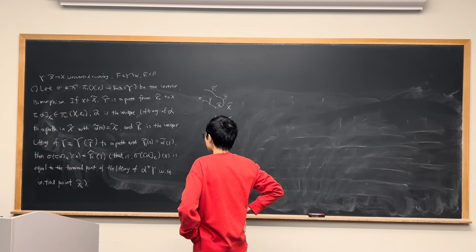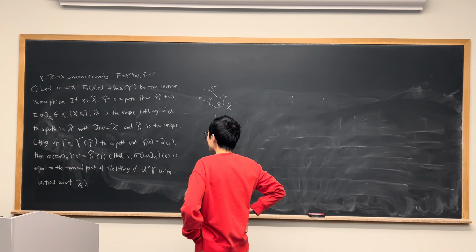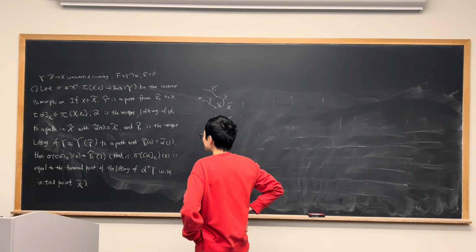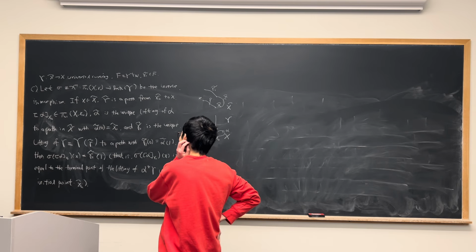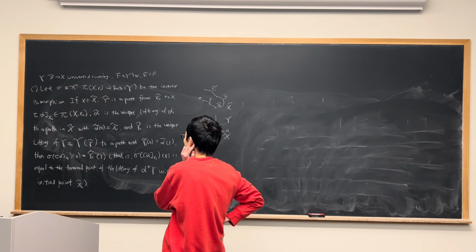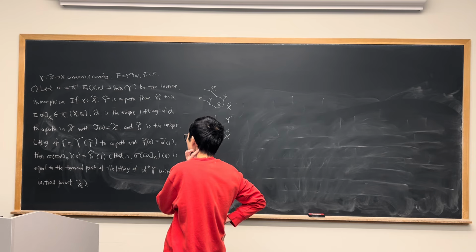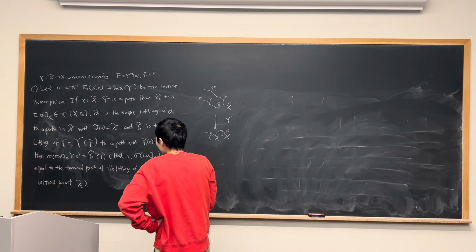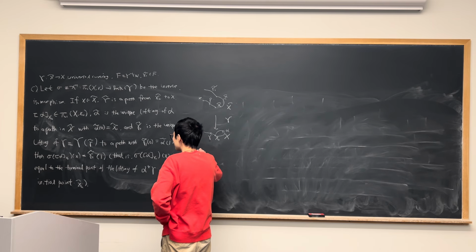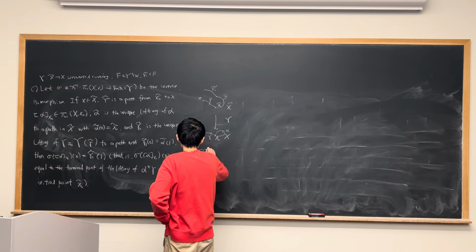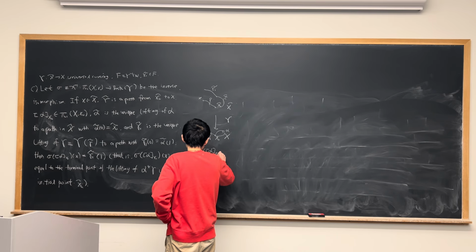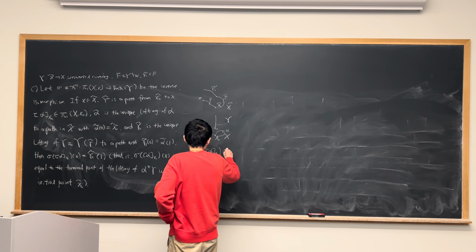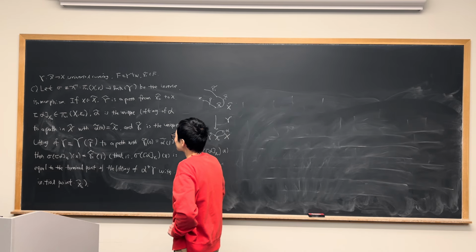Then what you have is that phi of alpha x naught x is equal to, so then you have this sigma of this alpha at base point x naught. You got it?